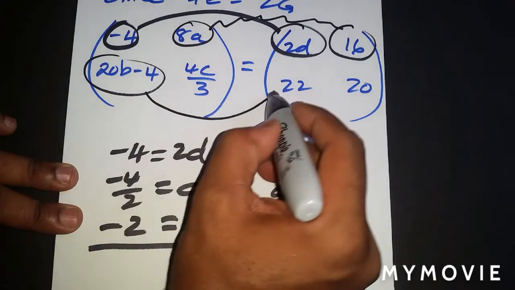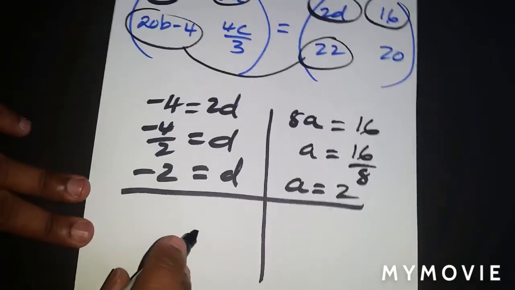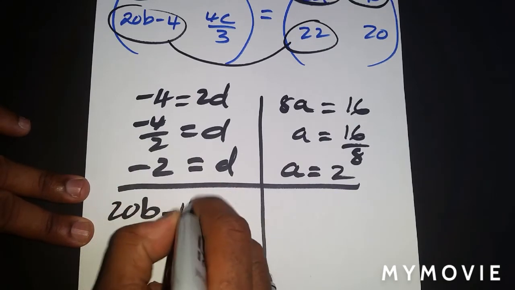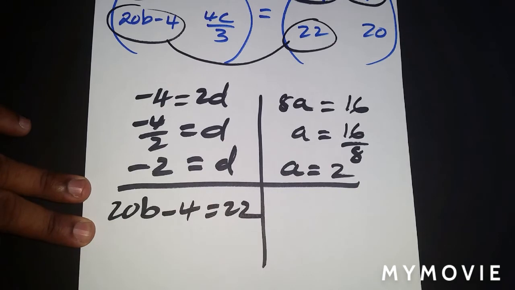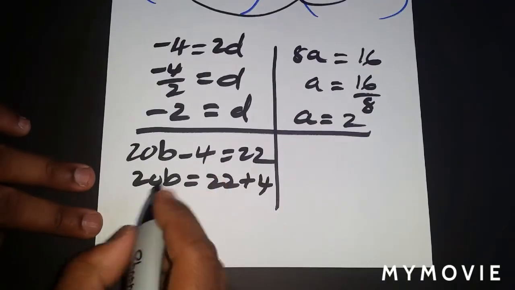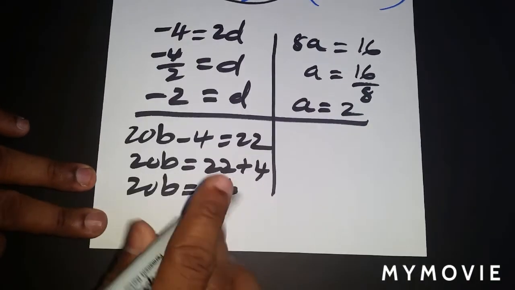So next one, 20B minus 4 is equal to 22. So I can generate that equation, 20B minus 4 is equal to 22. So I can go ahead and solve for B. So 20B equals 22 plus 4. 20B is equal to 26.